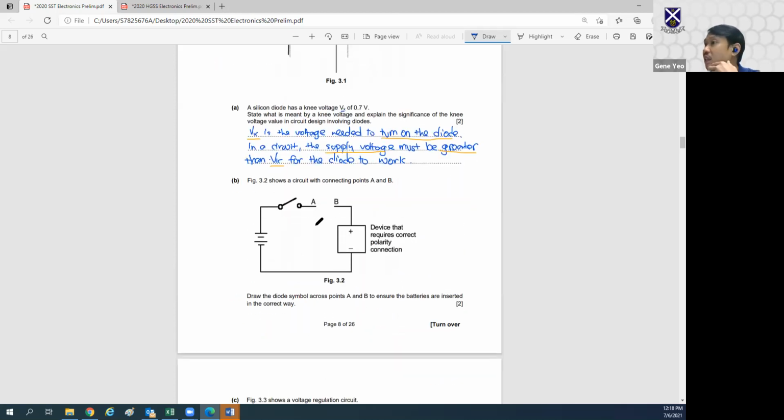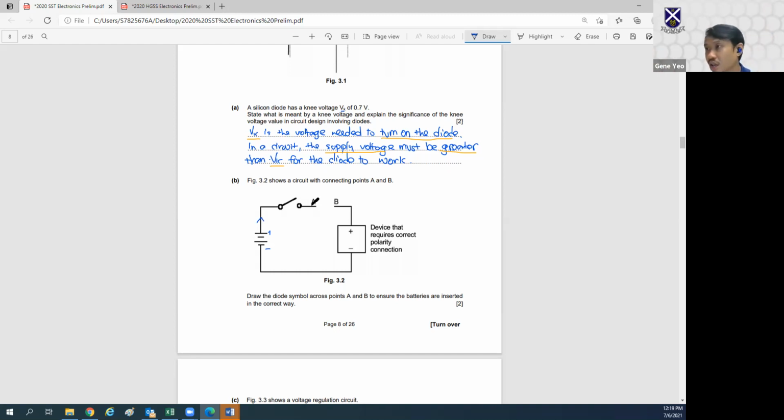Okay, so this shows a circuit with connections AB. And this is a device that requires a correct polarity connection. So basically, I want the current to move from the positive to the negative, in a clockwise direction. So this fella needs to have this one at a positive polarity. If you don't, maybe it'll spoil, who knows.